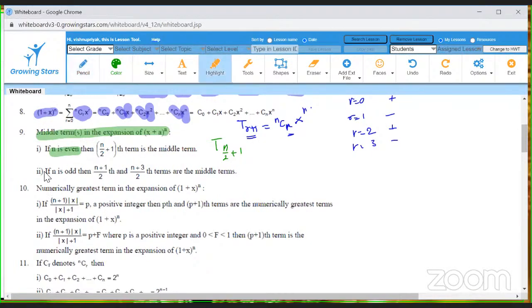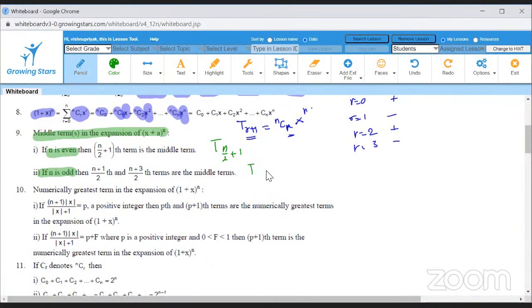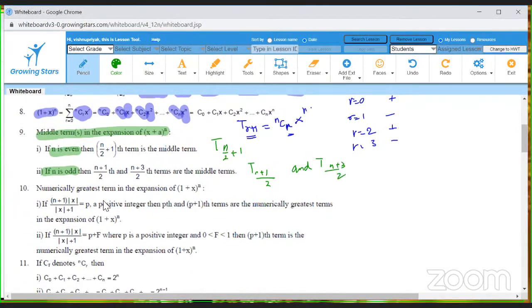But if the power n is odd, then the (n+1)/2 and (n+3)/2 terms are the middle terms in the whole expansion. Middle term is different; numerically greatest is different.